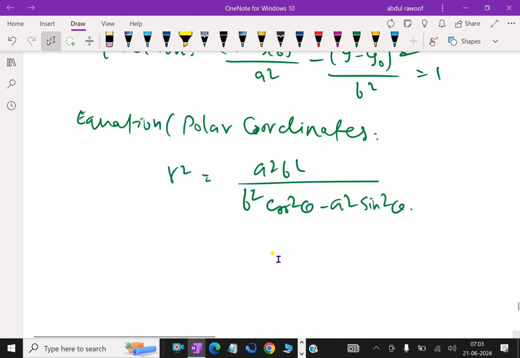So far we have discussed the standard equations of conic sections in Cartesian and polar coordinates.